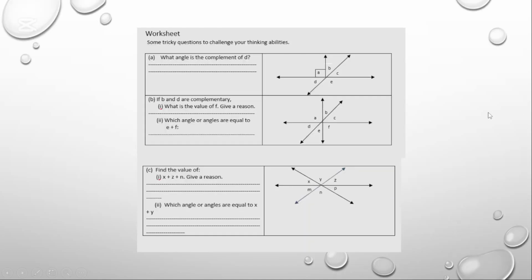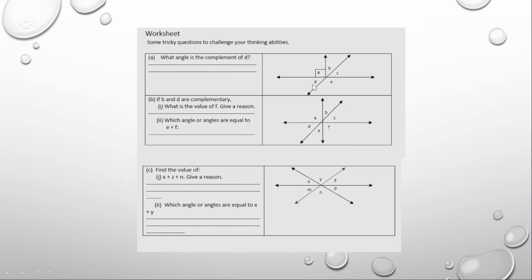Some tricky questions to challenge your thinking abilities. What angle is the complement of D? The only clue I will give you here: any pair of complementary angles add up to 90, but they do not need to be adjacent. So here you must look for another angle that adds up to 90.